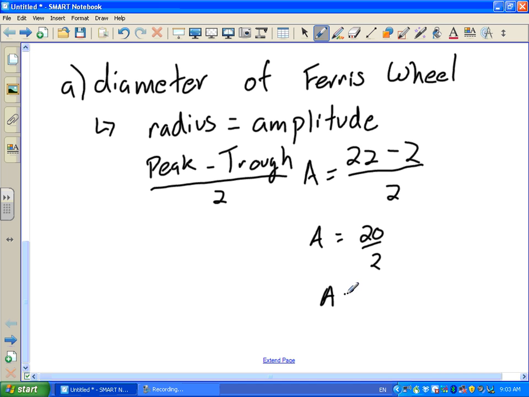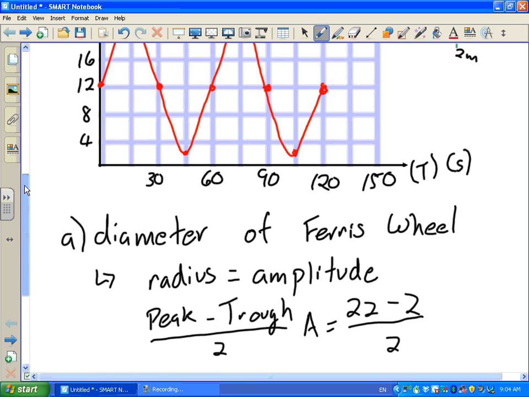What is A going to be? 10 what? Meters. So 10 meters is our diameter? Radius. So how do I find diameter from radius? Times 2. Okay? There's no pi involved in that.